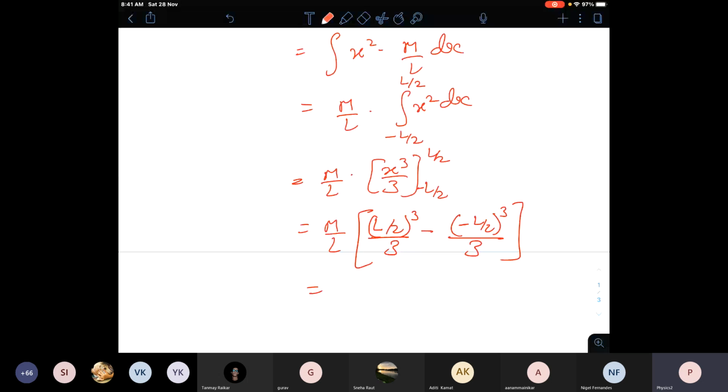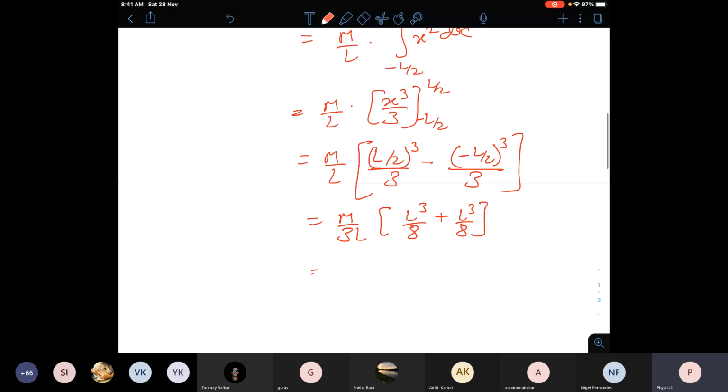You can see 3 is common, so let's take it out. This will become l cube by 8 plus l cube by 8. So this will become m by 3l into 2l cube by 8. If you simplify it, it is coming out to be ml square by 12.